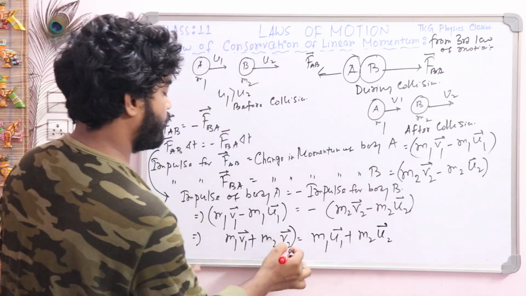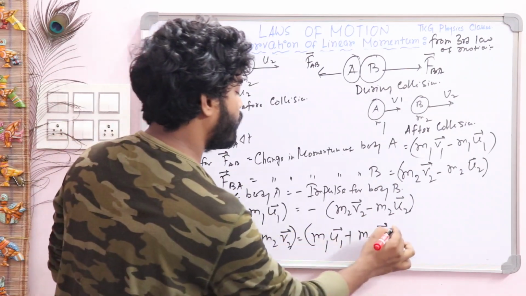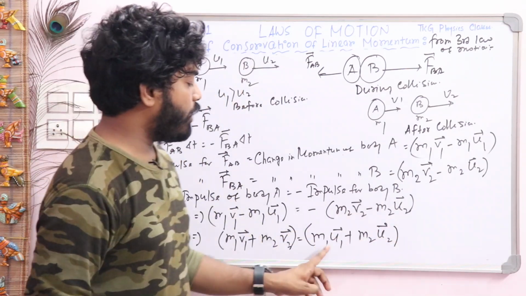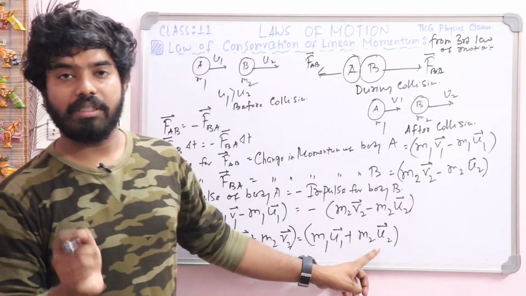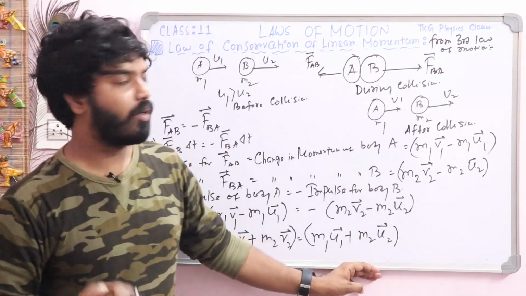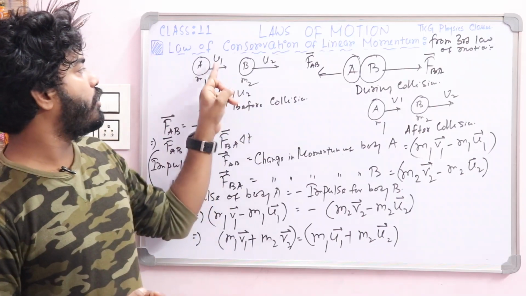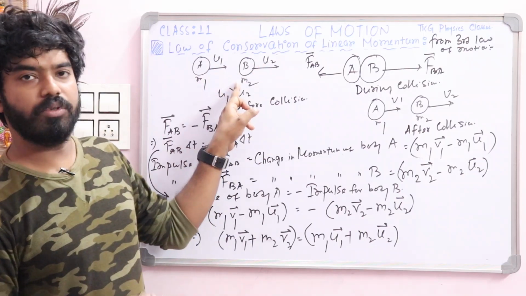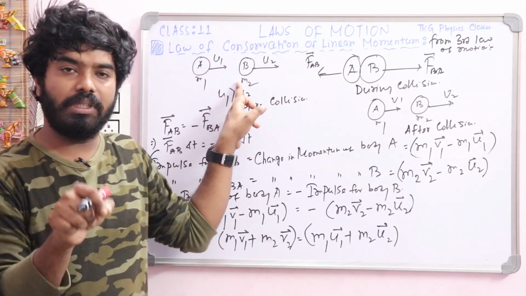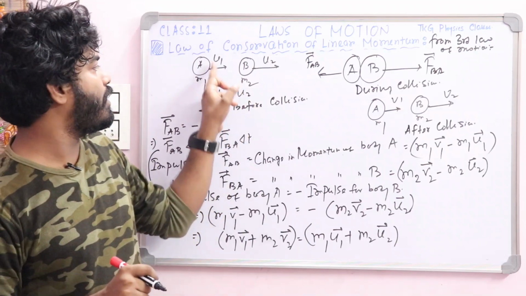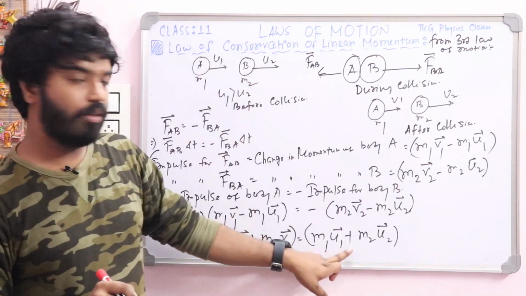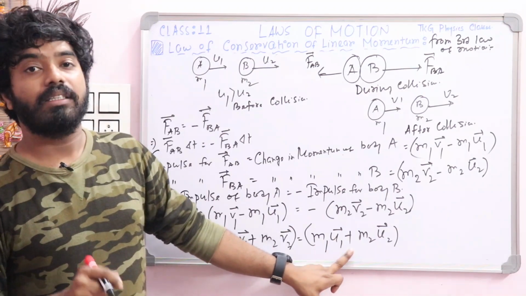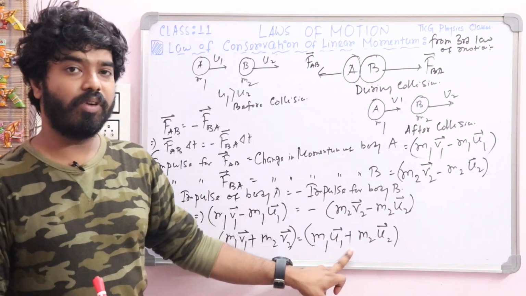Now observe this value. What is the meaning of m1 u1 plus m2 u2? This is the initial momentum. Before collision, the velocities are u1 and u2 and the masses are m1 and m2, so the total initial momentum is m1 u1 plus m2 u2. This represents the initial linear momentum before collision.